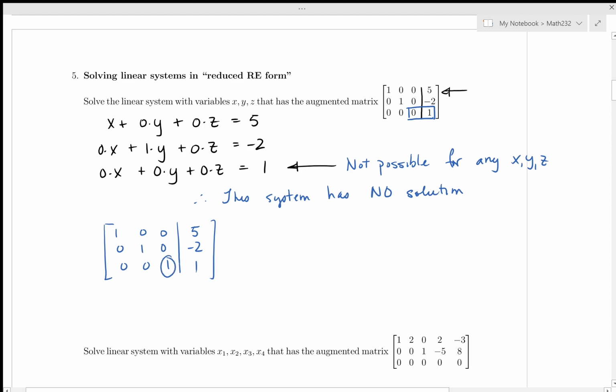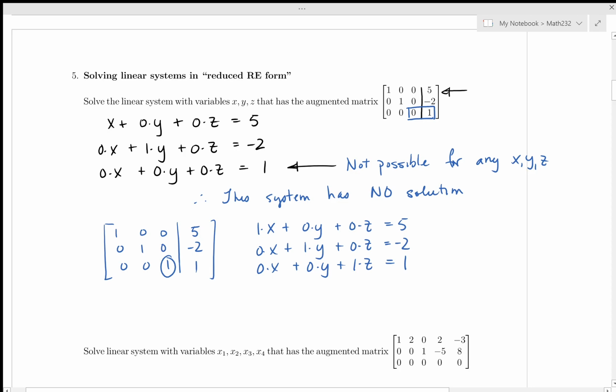Now, this augmented matrix has this system of equations. 1 times x plus 0 times y plus 0 times z is equal to 5, coming from row 1. 0 times x plus 1 times y plus 0 times z equals minus 2, coming from row 2. 0 times x plus 0 times y plus 1 times z is equal to 1, coming from row 3.